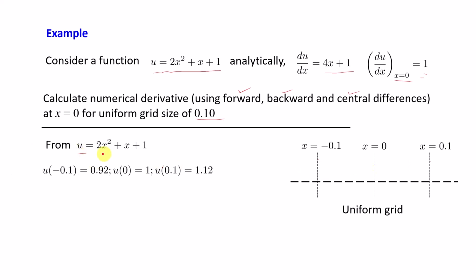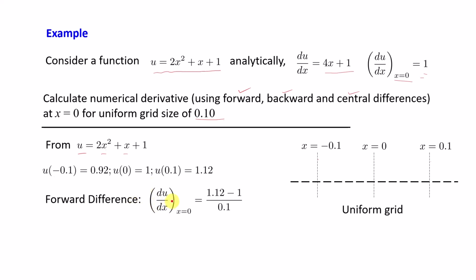Since u is 2x square plus x plus 1, I can get the value of u at these 3 points. For example, u at negative 0.1 is 0.92, u at 0 is 1, u at 0.1 means 1.1 plus 2 into 0.01, that means 1.12, etc. Now that I have these 3 points, it's easy to get the derivative.